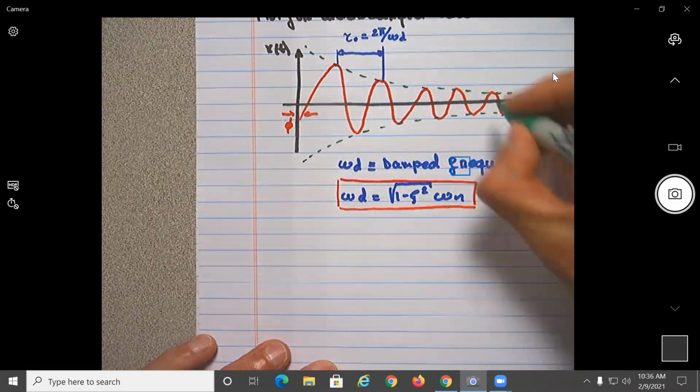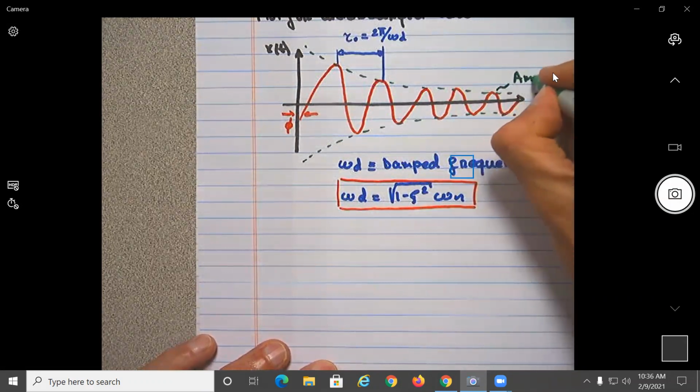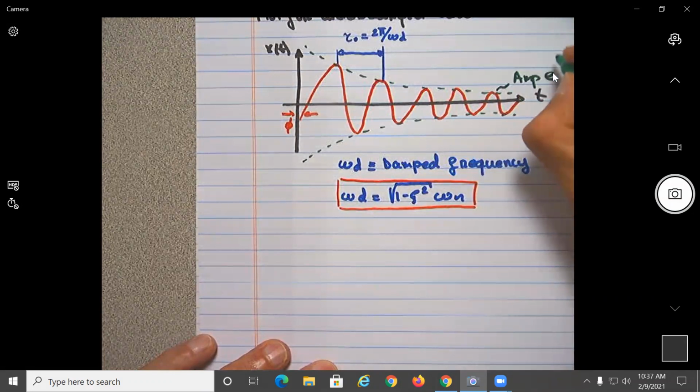And here the amplitude, you see the amplitude will decrease in function of time at the rate of minus omega n t.